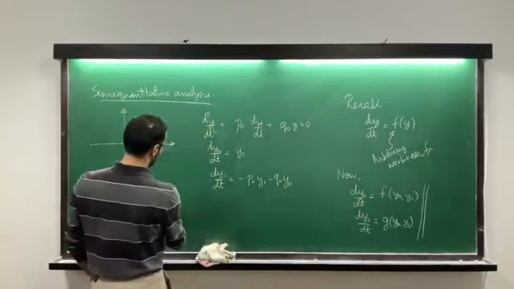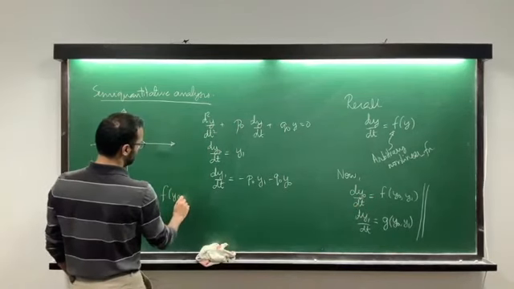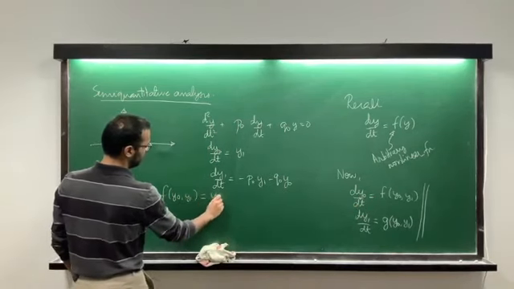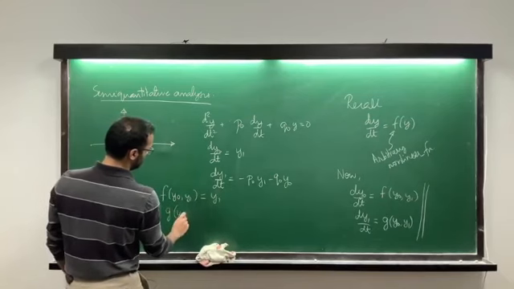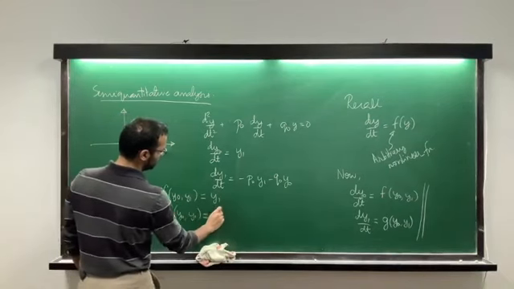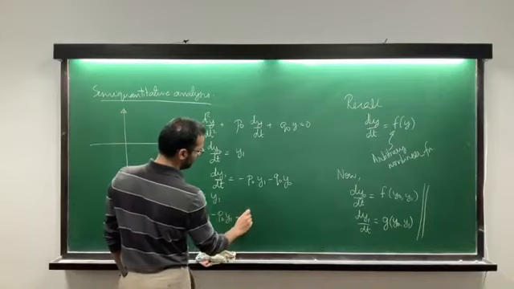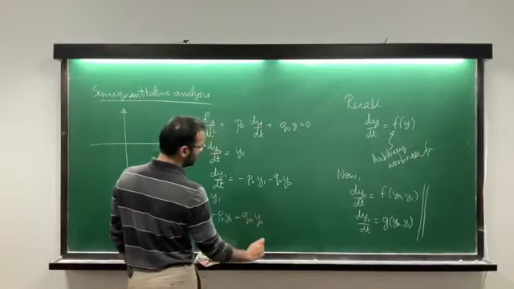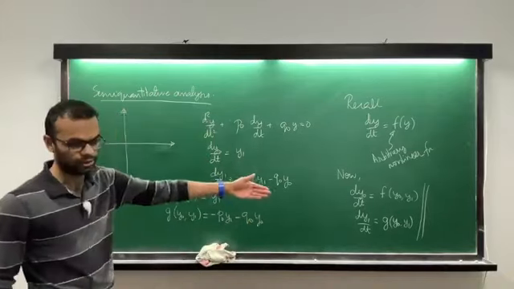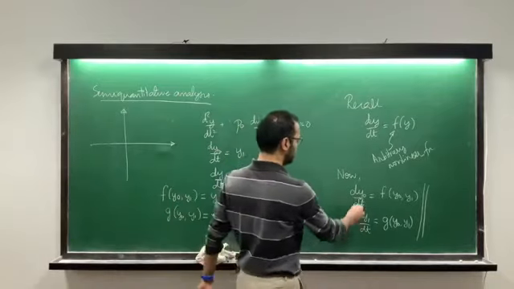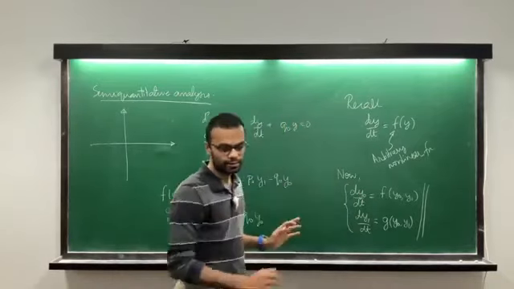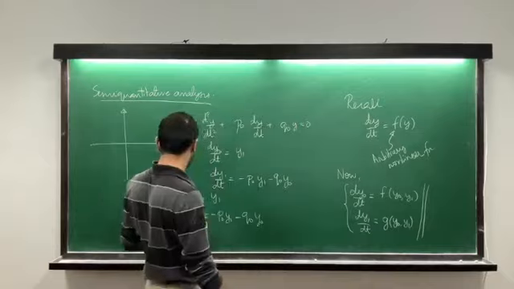So there you can have f of y0 comma y1 is basically just y1, and g of y0 comma y1 is just minus p0 y1 minus q0 y0. Okay, so it's just a special case of that. So we'll look at this general case. That's where we want to go with this stuff.